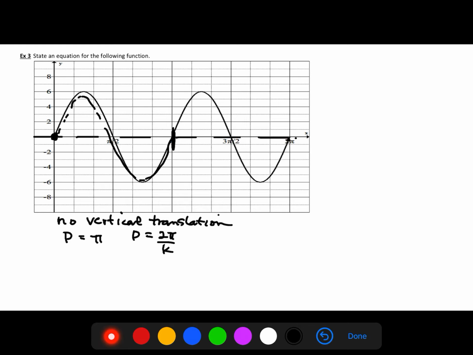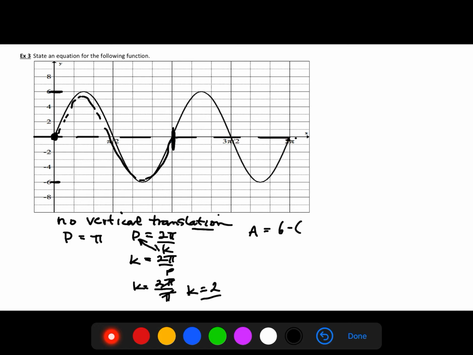If we want to figure out our k value, our period is equal to 2 pi over k normally. If we switch these two values, k is equal to 2 pi over period, which means 2 pi over pi, so our k value has to be equal to 2.